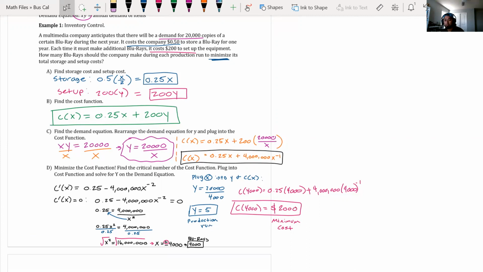That's the minimum cost for all the production runs, or that's the minimum you can make for. Or maybe it's the minimum per production run, because it only says 4,000. So we're making 4,000 each production run. So per production run, it's $2,000.